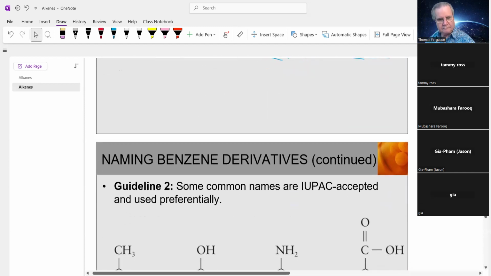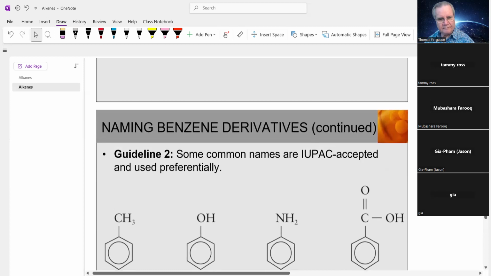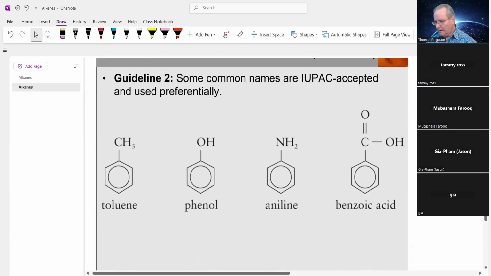However, these are some common names. Instead of calling this methylbenzene, they call it toluene.